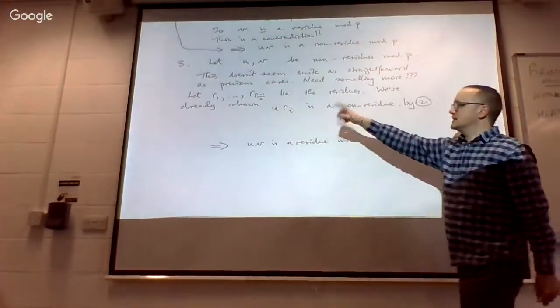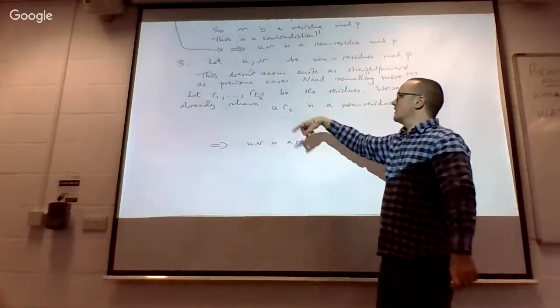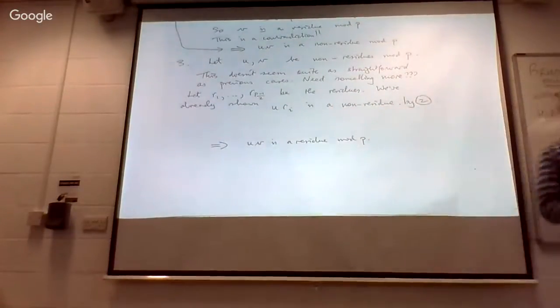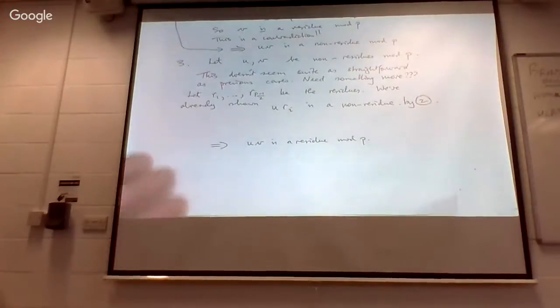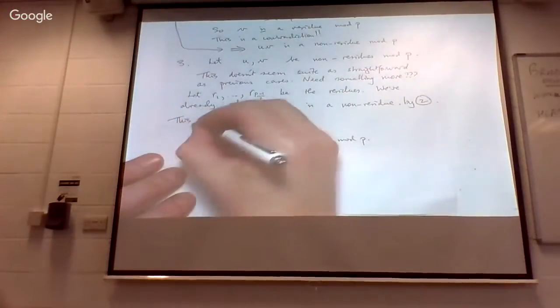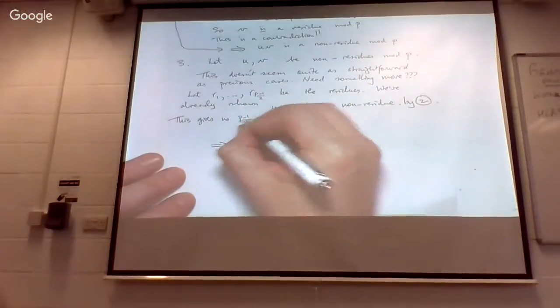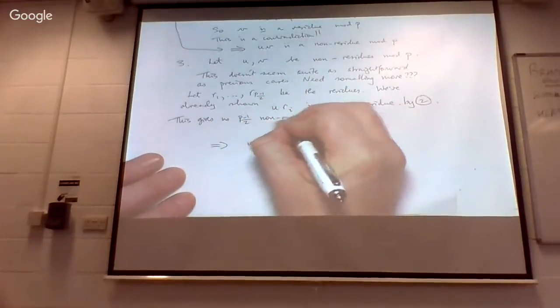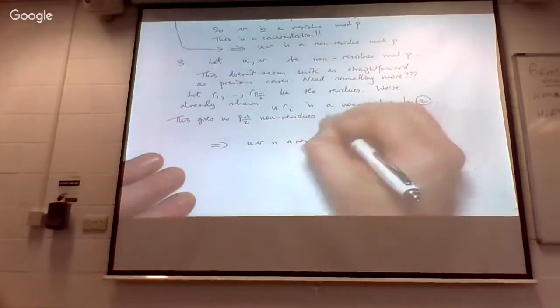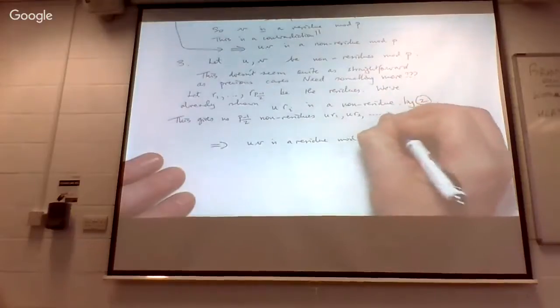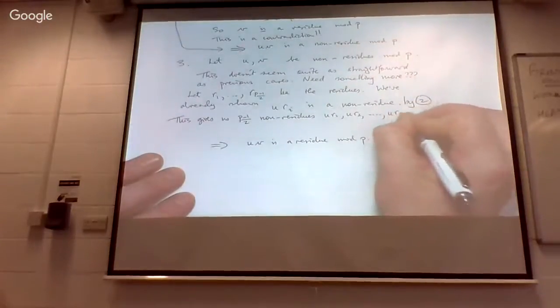We've already shown that each of these products, U times Ri, remember U is a non-residue, but these are all non-residues. This gives us (p-1)/2 non-residues. You've got UR1, UR2, all the way up as far as UR_{(p-1)/2}.